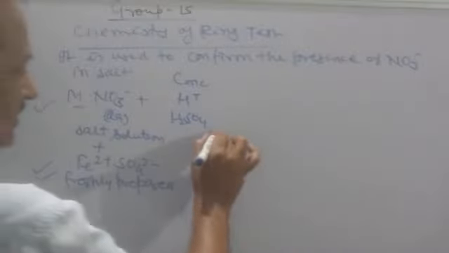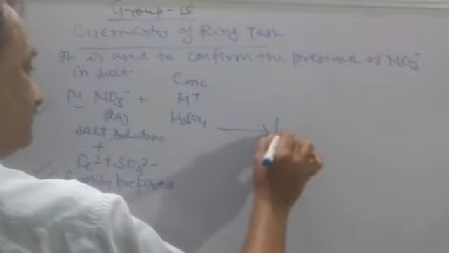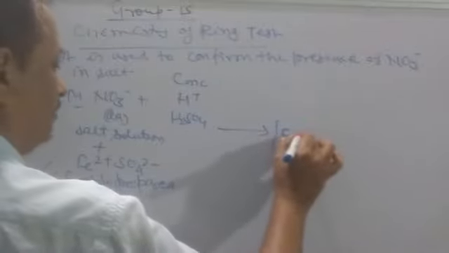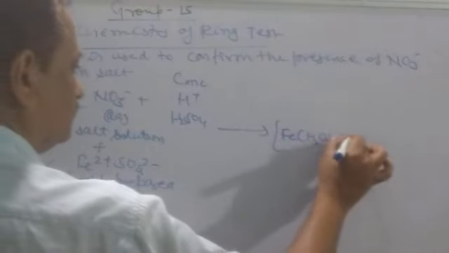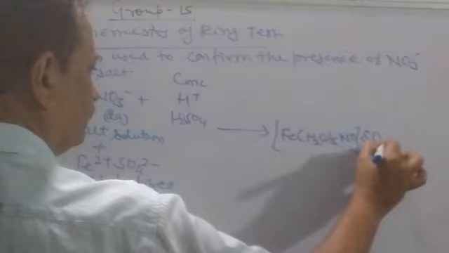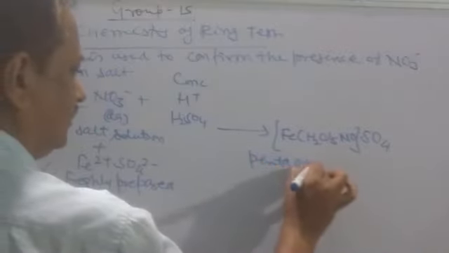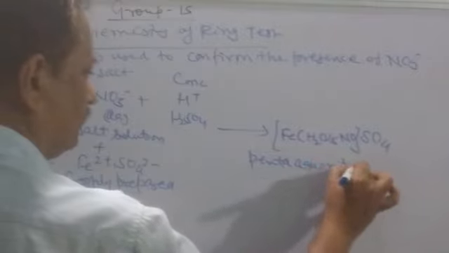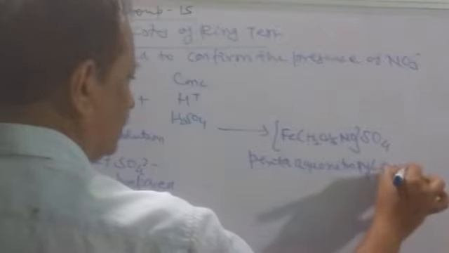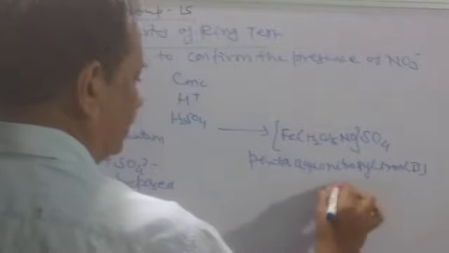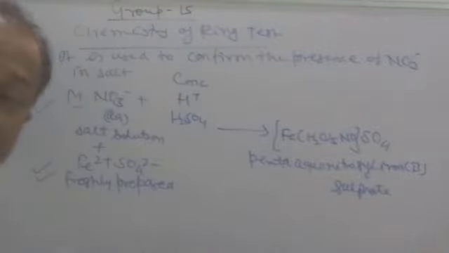And now, as a result of this, there is formation of this compound. This is pentaaquanitrosyliron(II) sulfate.